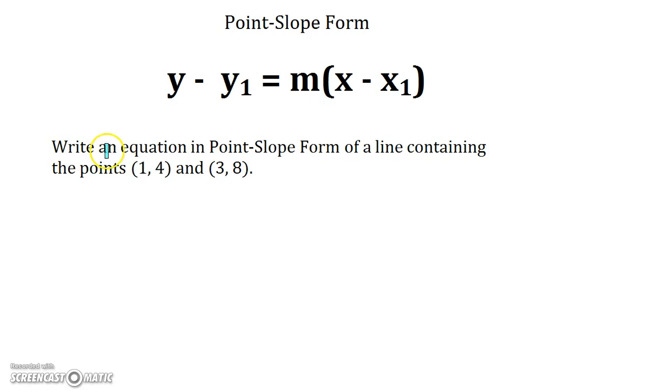It says, write an equation in point-slope form of a line containing the points 1, 4 and 3, 8. Again, the two things that we need to write point-slope form are a point and the slope. This time, the problem doesn't give us the slope, but it does give us 2 points. We can find the slope.